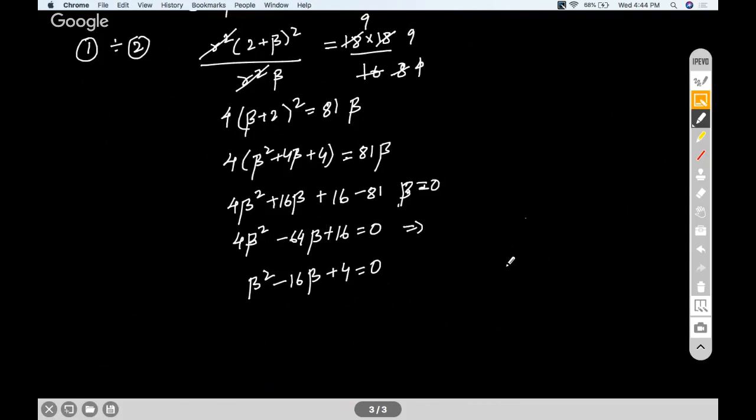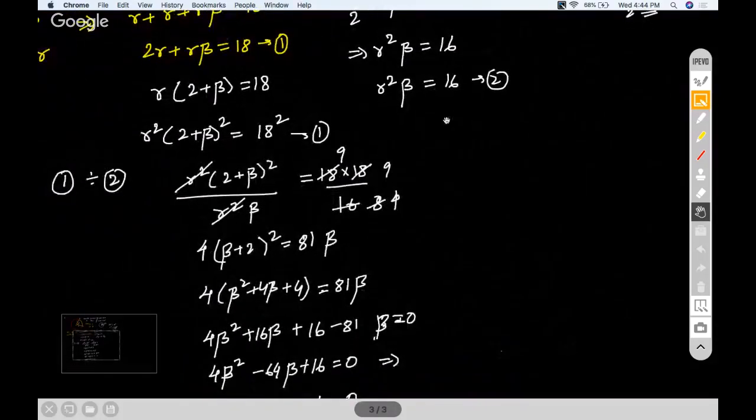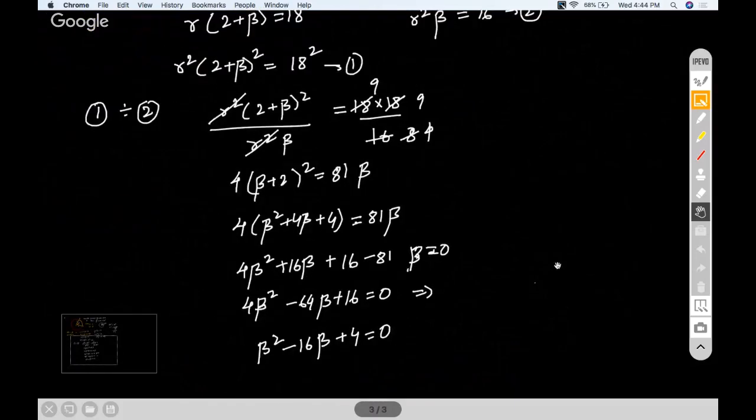Okay. So just try to solve for beta over here. Once you have solved for beta, you can put it in any one of the equations and get your value of r.